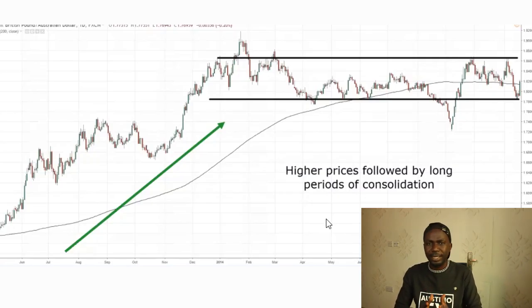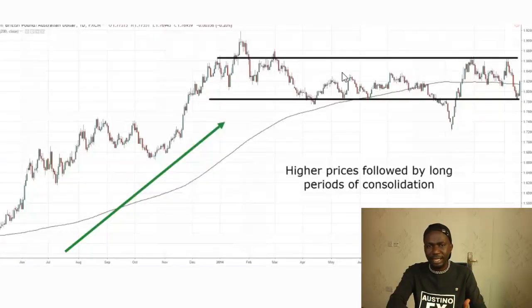After an uptrend, the market began to consolidate. If you look at the chart clearly, you see that there was a strong uptrend. Then after that, the market began to consolidate. So the consolidation after a strong uptrend is what we call the distribution stage. That is the third stage of the market.